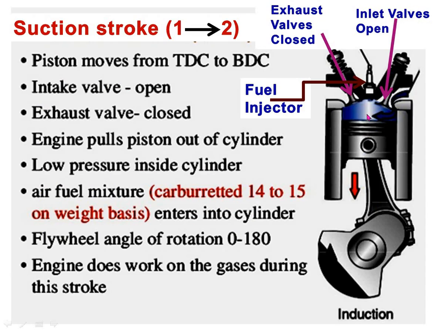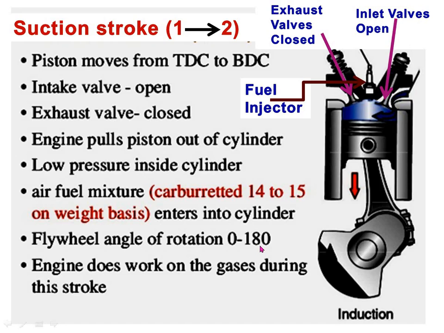Due to the increase in the volume of the cylinder, there will be vacuum pressure or low pressure inside the cylinder. Air-fuel mixture enters the cylinder if our engine is a spark ignition, petrol, or carburetor type engine. Flywheel angle of rotation is 0 to 180 degrees; in total two revolutions occur in the cycle.